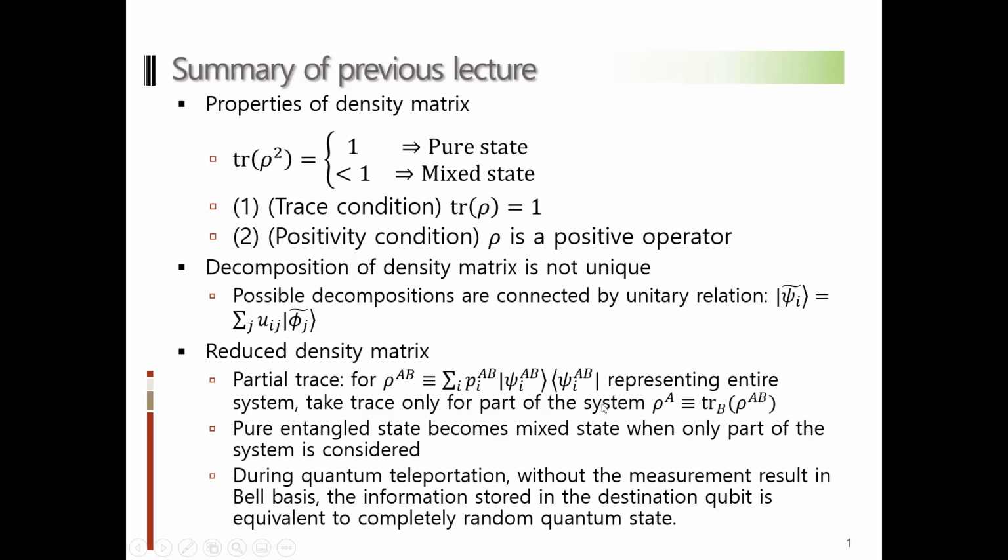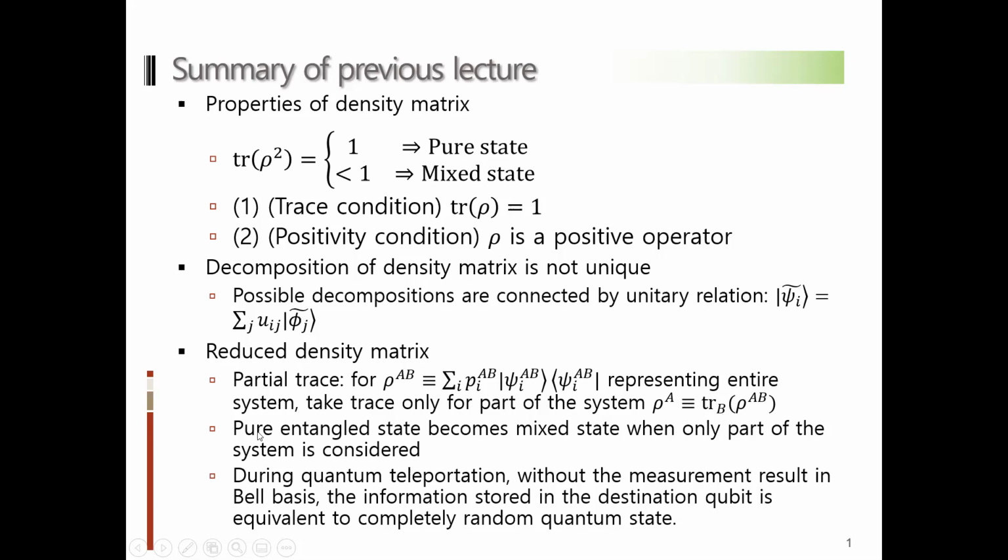However, in that case, we might be interested in the quantum state of the A part only, and we don't care what happens with B, or sometimes we don't even have any access to the information about B. So in that case, we trace out only the B part. Such a process is called the partial trace.